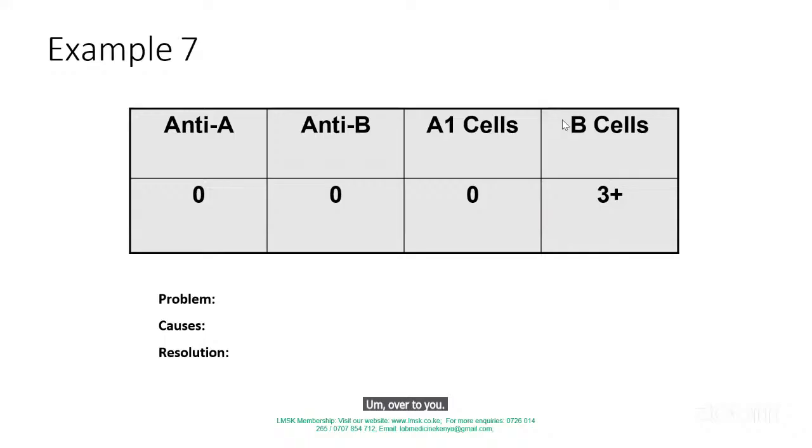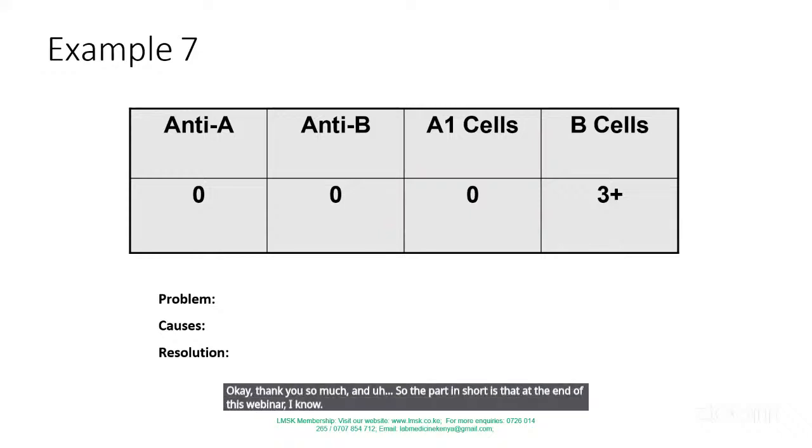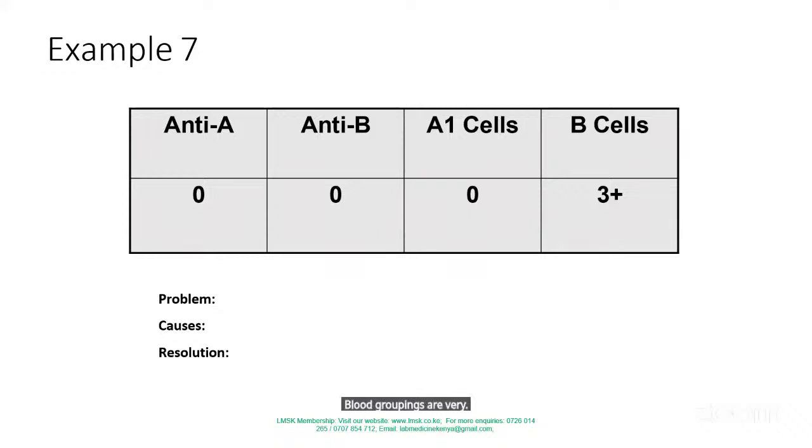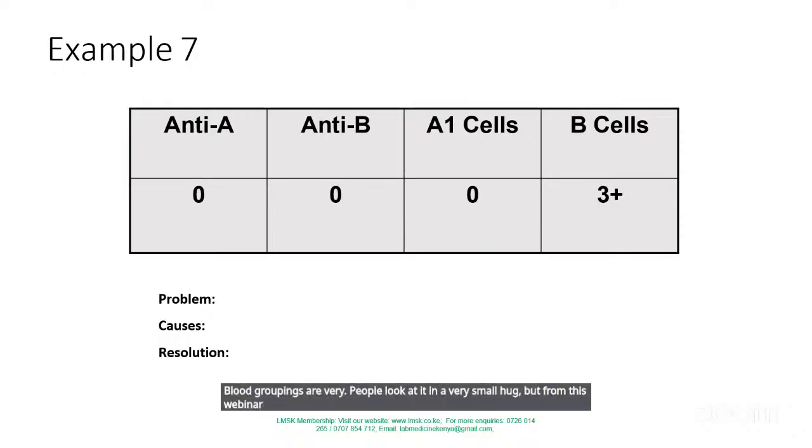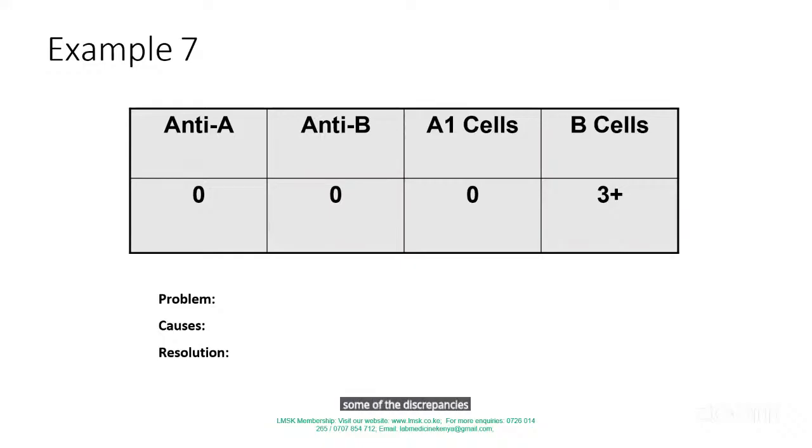Okay, thank you so much. And so the parting shot is that at the end of this webinar, I know blood grouping is something people look at from a very small angle. But from this webinar, at least we've seen that there is really a lot that comes with it. And if it is done properly, we are able to pick some of the discrepancies and avoid errors.